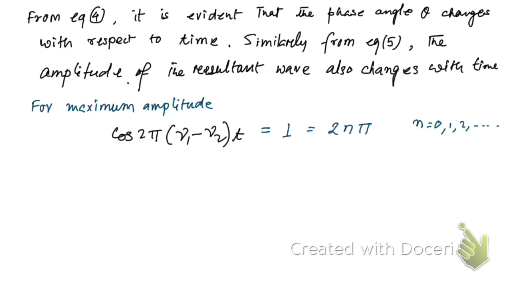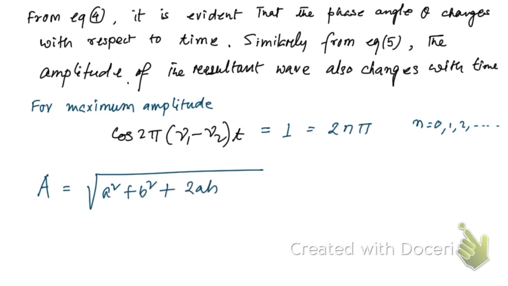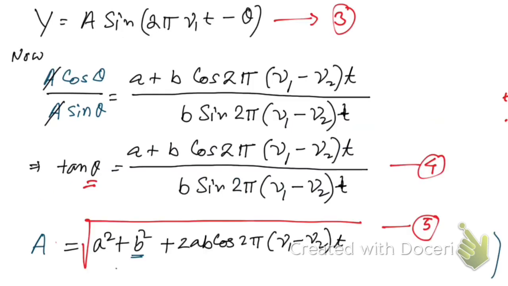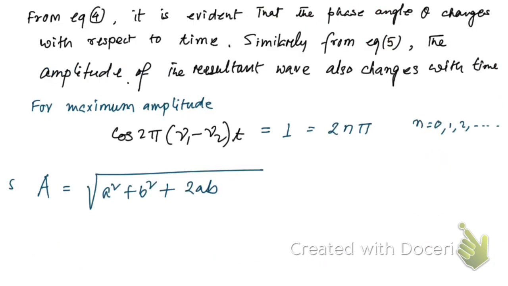So in that case, if this is equal to 1, then the resultant amplitude A is root over a square plus b square plus twice ab. So that means these parts become 1, right? Now from equation number 5 we have got A is equal to root over a plus b whole square.